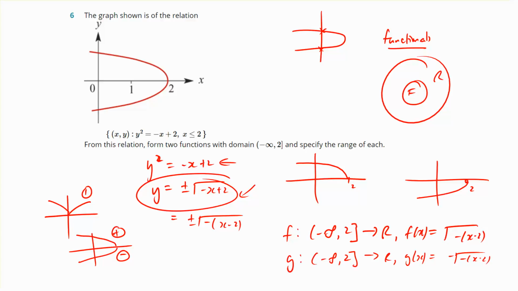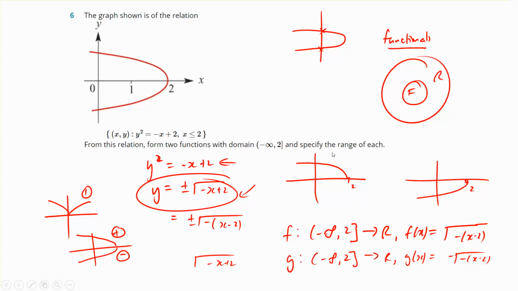The answers might have expanded that to have the same equation as this, but the reason I factorized it is so I can get a visual of what it actually looks like. Essentially these are functions. Why are they functions? Because they are one-to-one, and they pass the vertical line test.